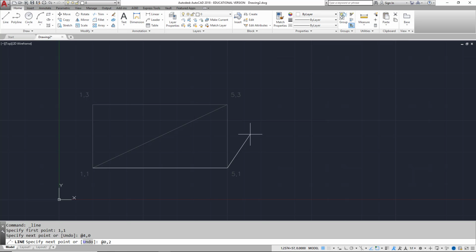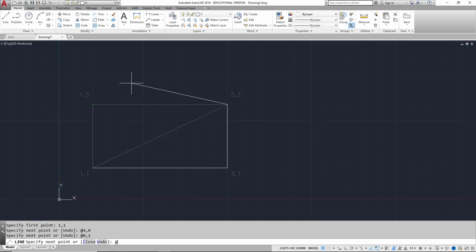The change in x is 0 because notice that the x value here, 5, and the x value here is the same, 5. 5 minus 5 is 0. However, 3 minus 1 is 2. So in this case, I have @ from the previous point, 0 change in the x, followed by 2 change in the y. Enter draws that line.